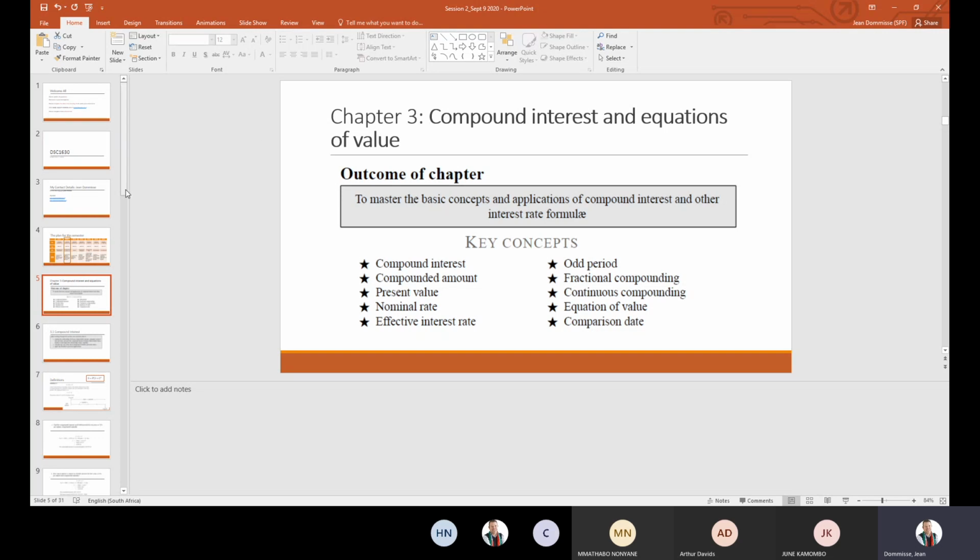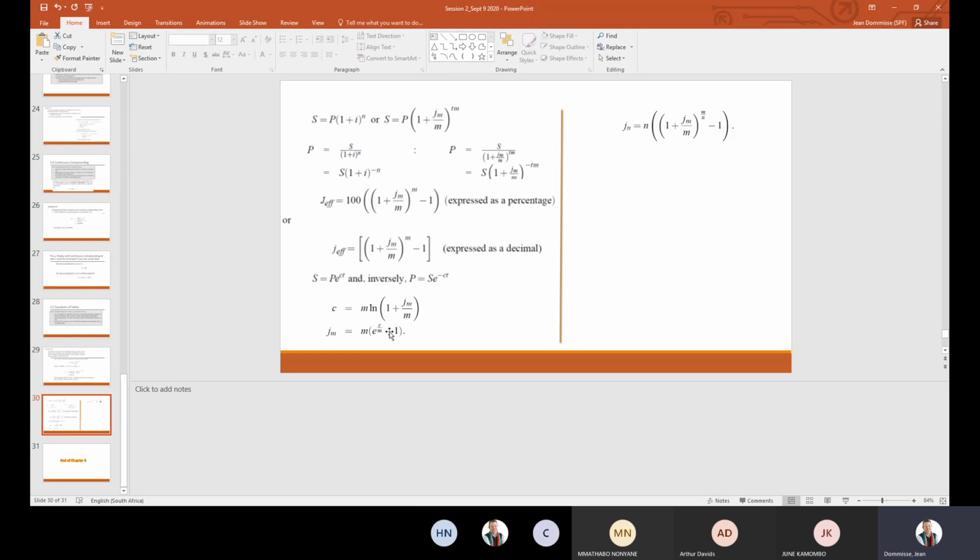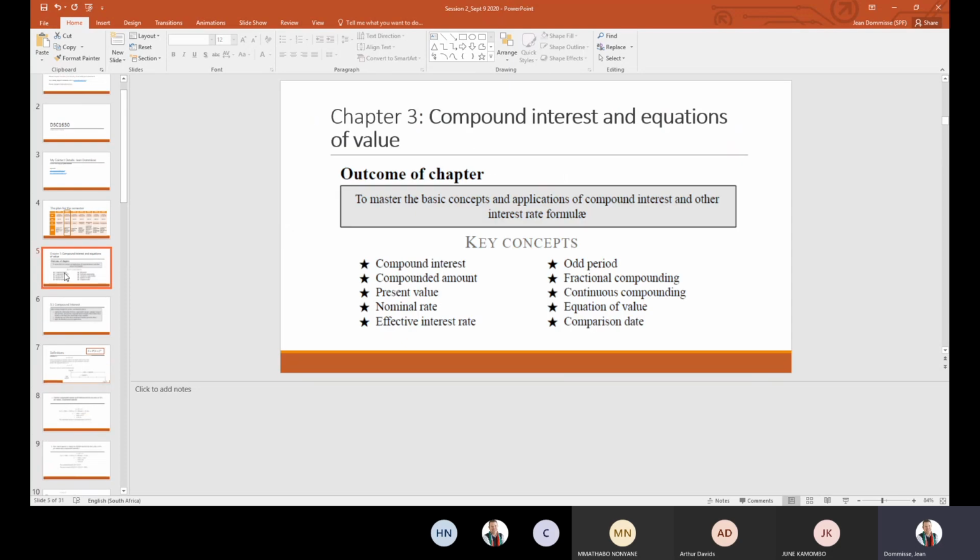You will also see towards the end of the slides, there are a few slides today, I again created a formula page of the important formulas in this chapter. As we go through, if there's one or two extra that I need to add, I will do that as well.